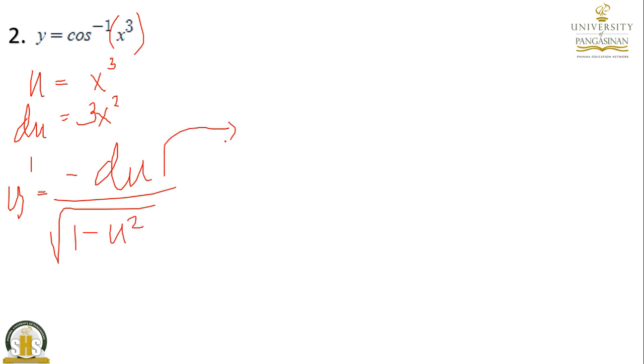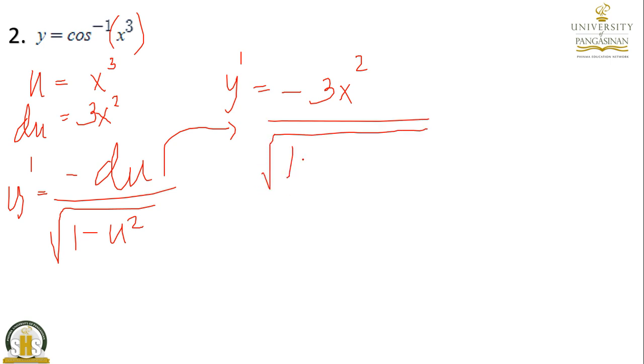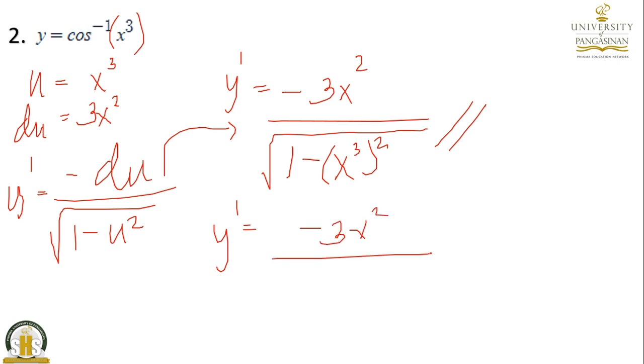So, i-substitute na natin. Magiging negative. So, y prime is equal to negative 3x squared. Then, 1 minus, your u here is x cubed. Tapos, meron tayong exponent sa ating quantity. Or, pwede na po yan. Or, negative 3x squared all over square root of 1 minus x to the 6th power, kasi 2 times 3 is 6.